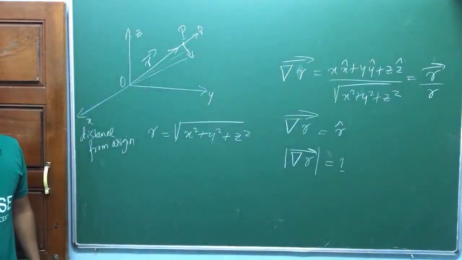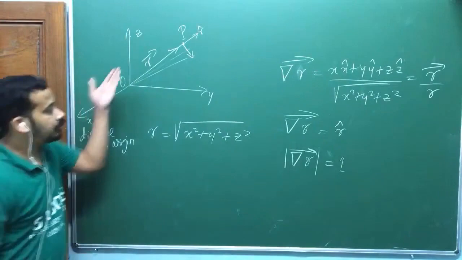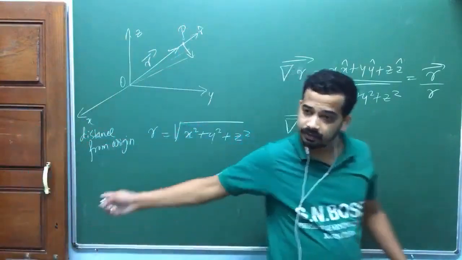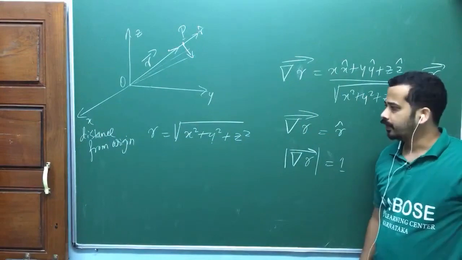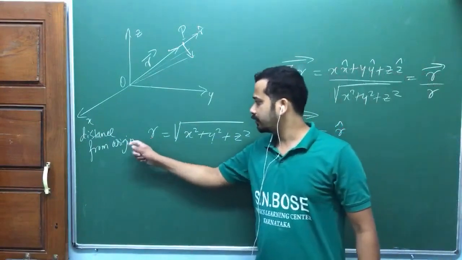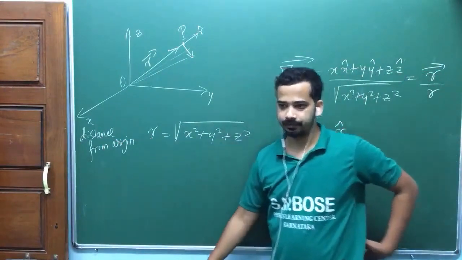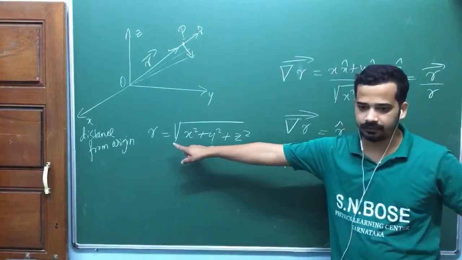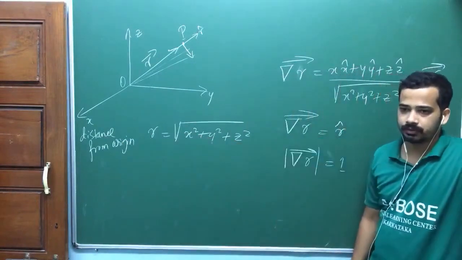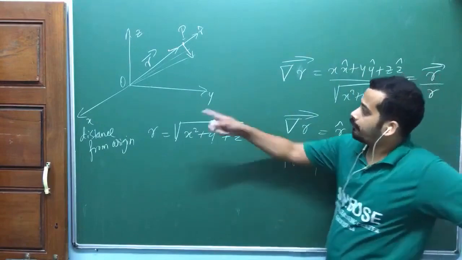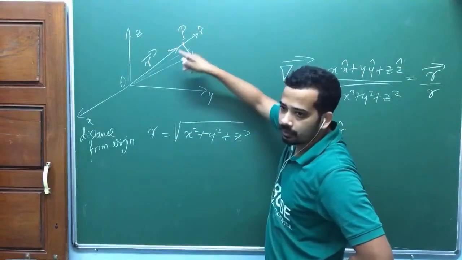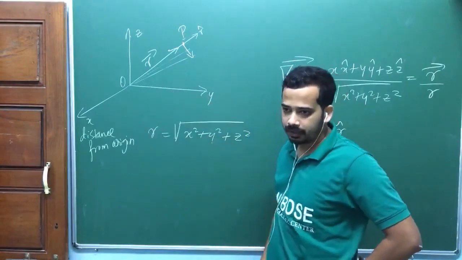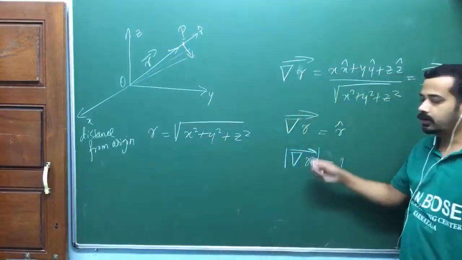In the r cap direction you have maximum change of distance from the origin. Just think over it. Our scalar field is the distance from the origin. If you move exactly away from the origin, the distance will change to the maximum extent. That is the direction of the gradient.